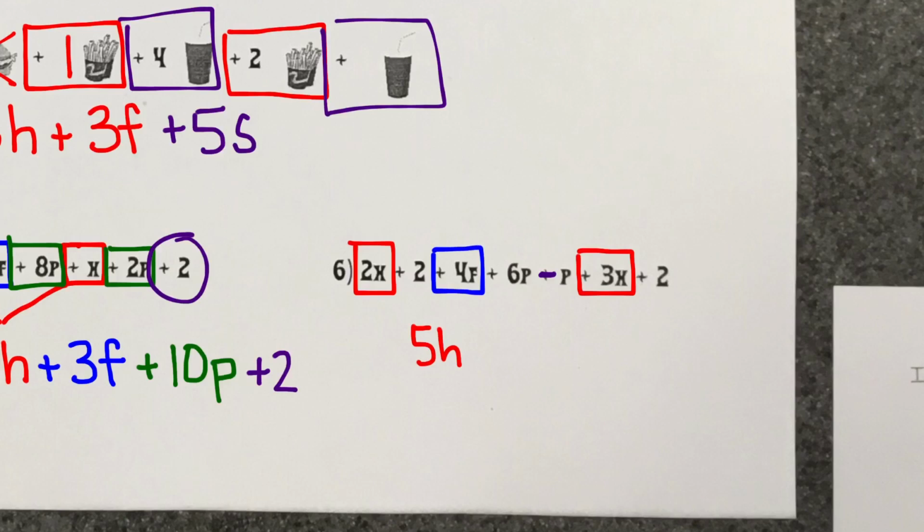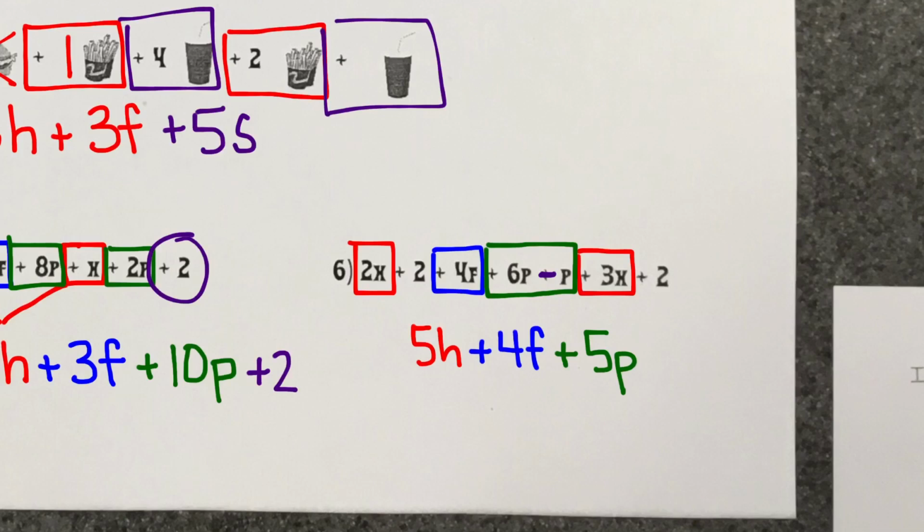Do I have any other F's? No, so I'm going to say plus 4 fries. Okay, and then my soda, I have a plus 6 minus 1. So what is 6 minus 1? 5. But what's in front of my 6? A positive. So positive 5 sodas.